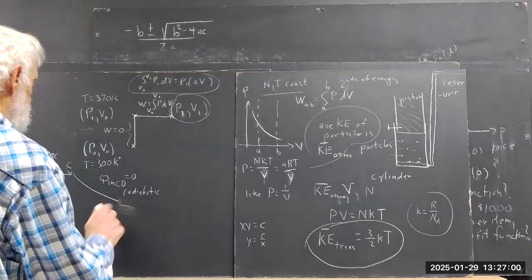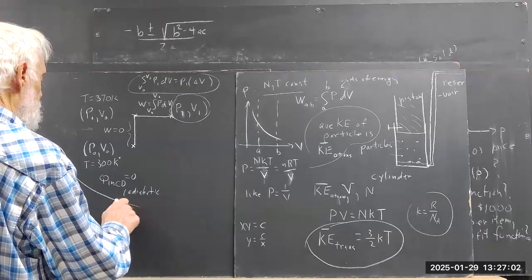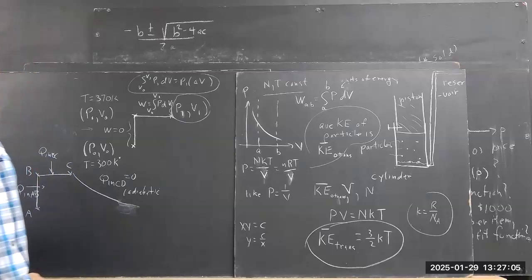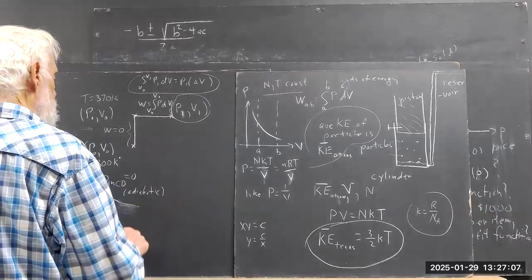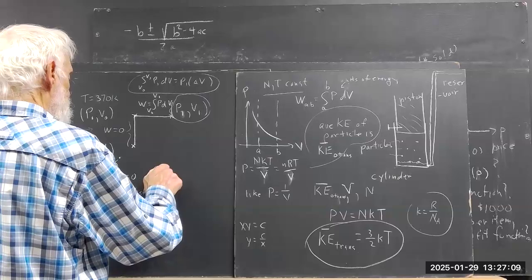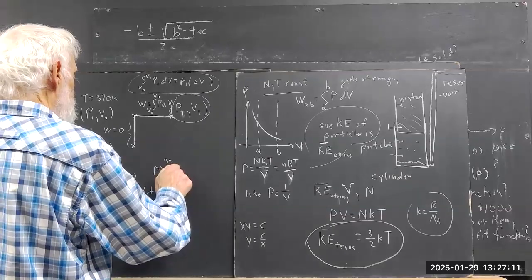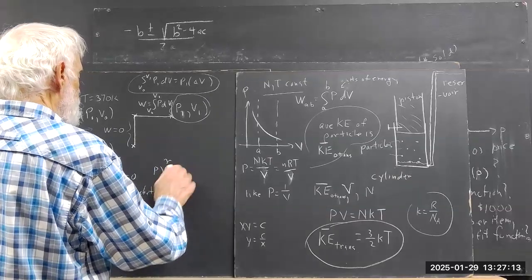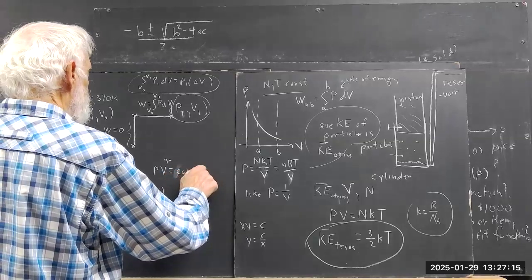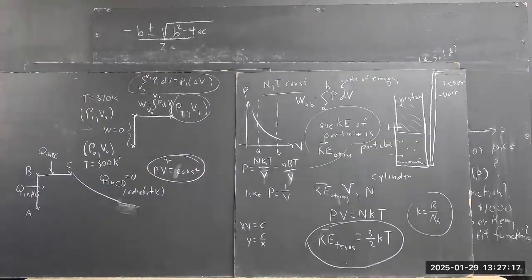No, actually, it shouldn't be state D. You have an adiabatic curve. Okay. In the adiabatic curve, PV to the gamma stays constant.